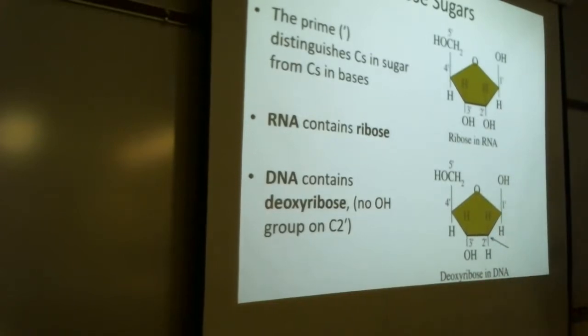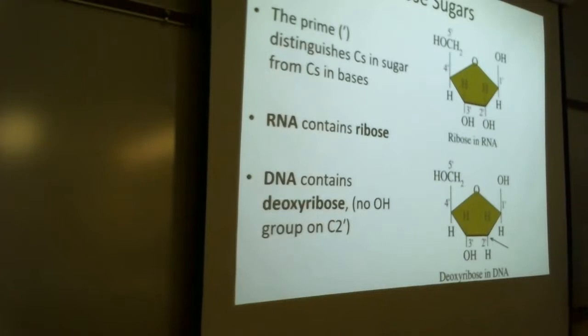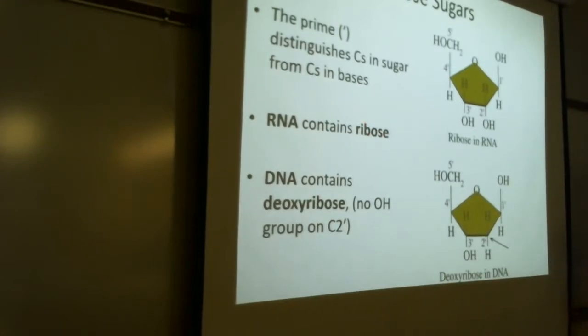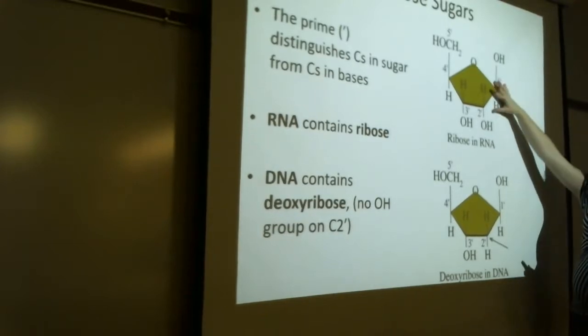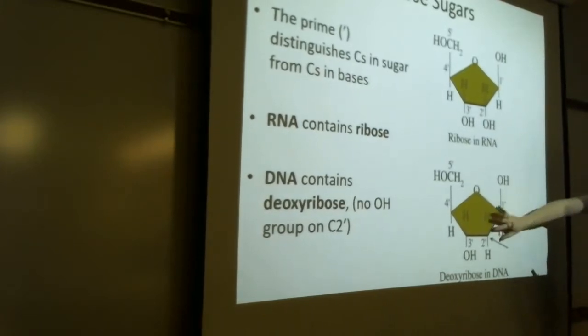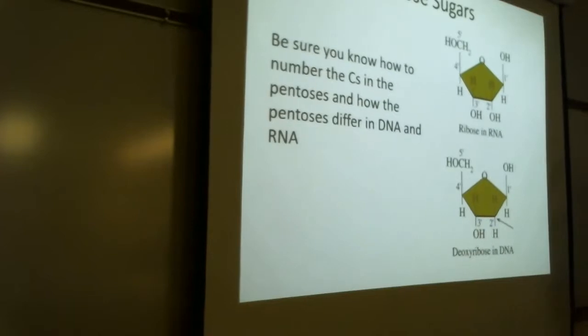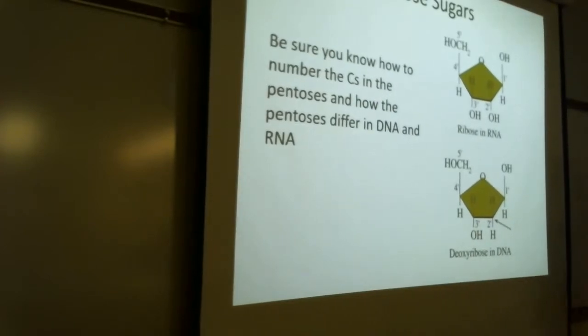So ribose versus deoxyribose. Right? RNA stands for ribonucleic acid because it contains ribose, whereas DNA stands for deoxyribonucleic acid because it contains deoxyribose. Okay, so again, make sure you know how to number the carbons.